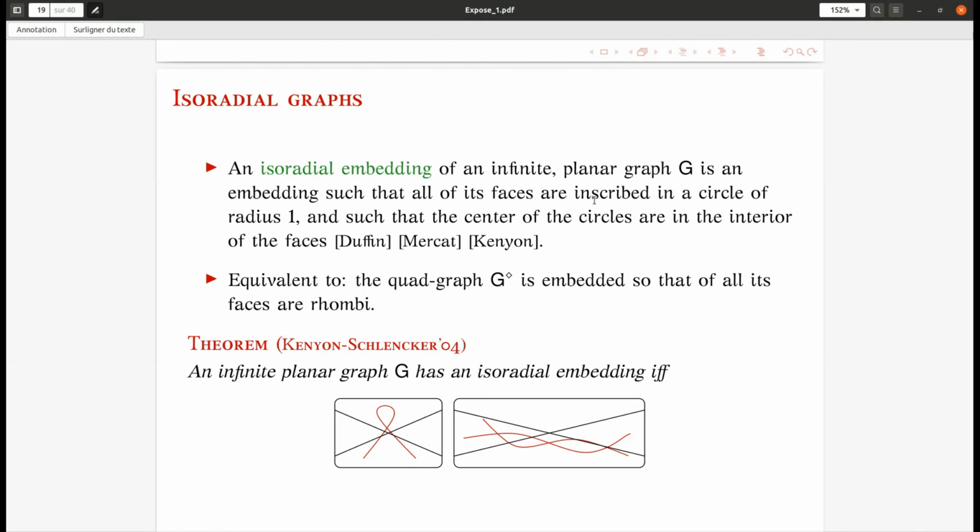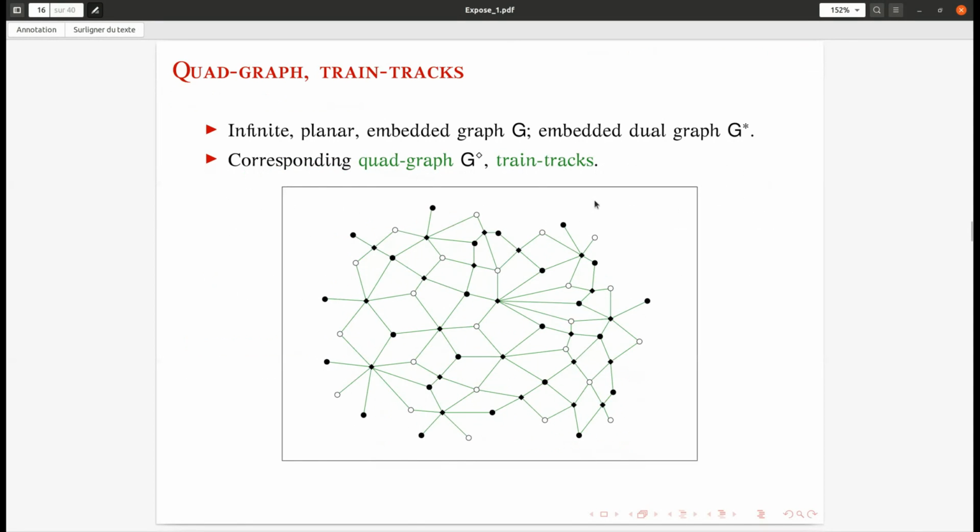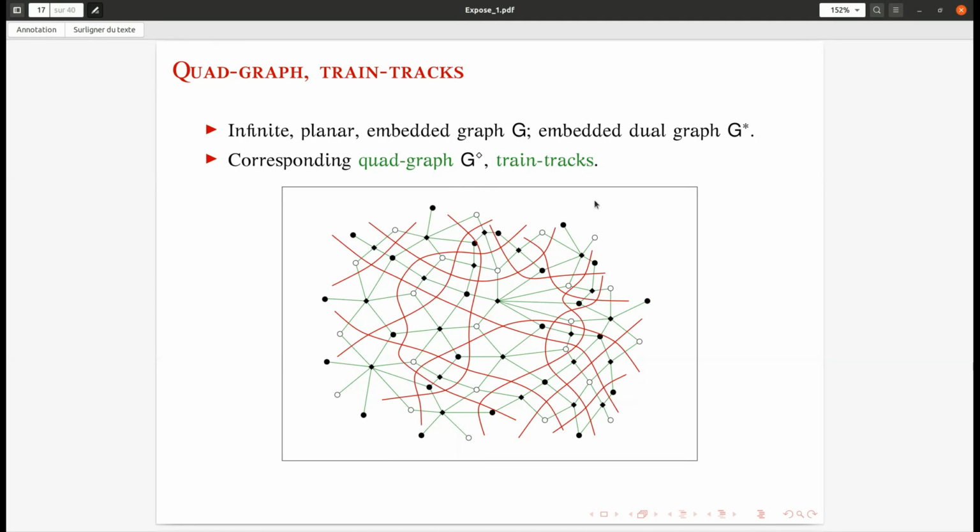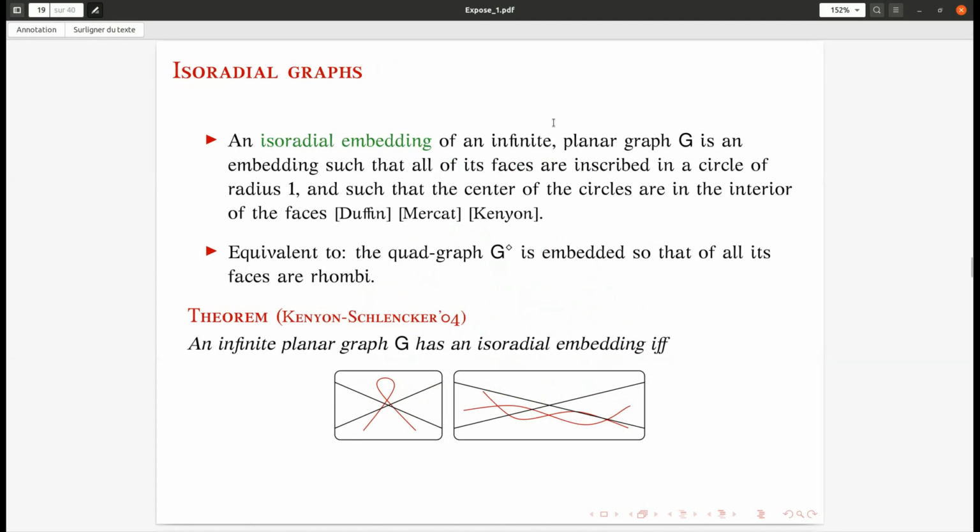So I will show you a picture. It's equivalent to having an embedding of this quad graph. You can ask this question quite generally: you're given a quad graph, can I draw it so that all of the quads are lozenges, rhombi? This is the same as asking to have an isoradial embedding.